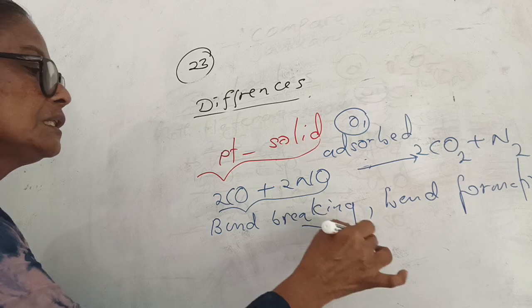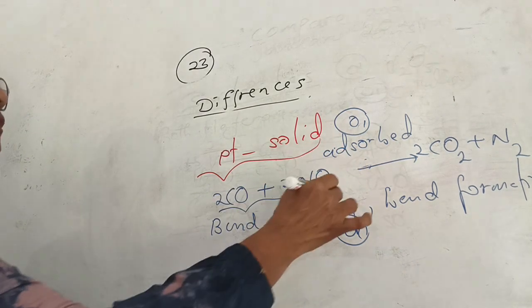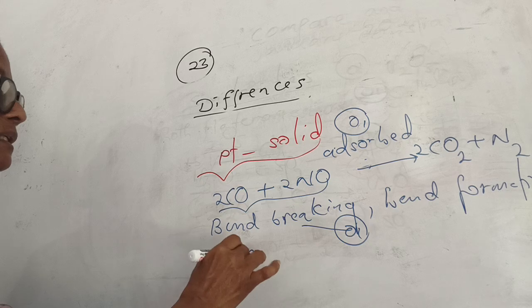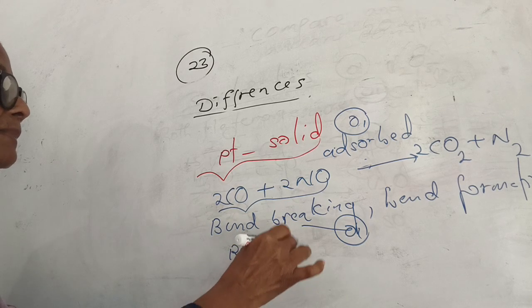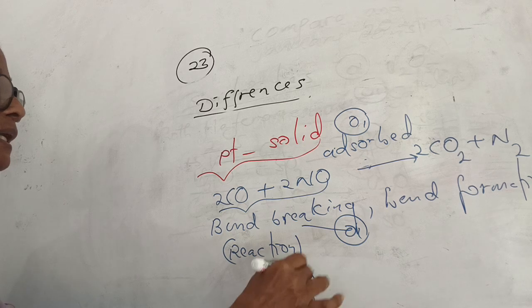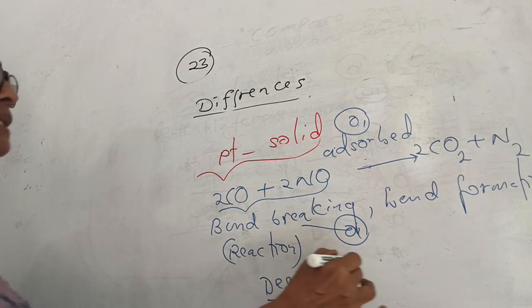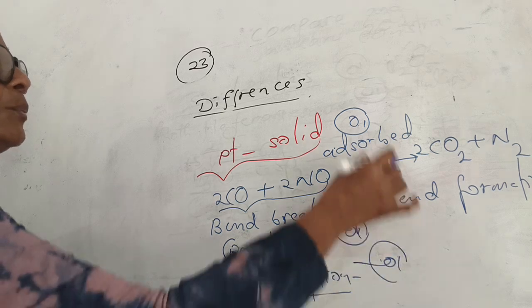So if you mention this part, then in the next part, adsorption and the reaction occur, and much later, desorption of the products from the catalyst surface takes place, which gives you one other mark.